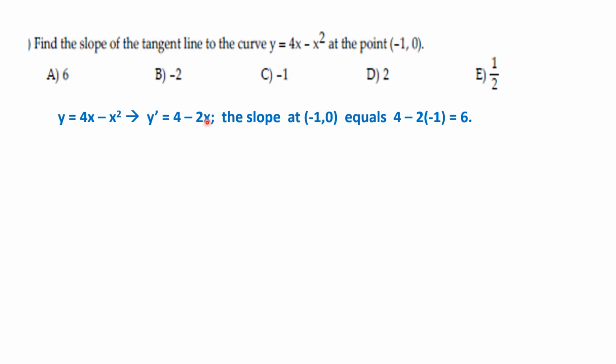But we know the value of x is negative 1, so we can evaluate y prime to be equal to 4 minus 2 times negative 1. This gives us 4 plus 2, which is going to give us 6. So the correct answer is A.